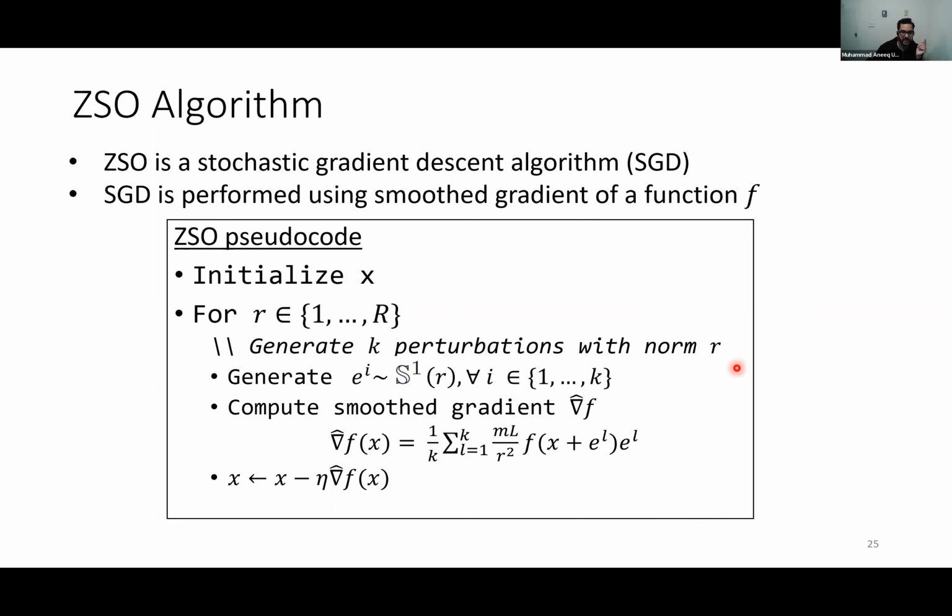So we generate k perturbations at a given point with norm r, and then the smooth gradient is just computed from the value of this function at these perturbed points, using this formula. Once you have obtained the smooth gradient, we move along the direction of the smooth gradient at a learning rate theta.